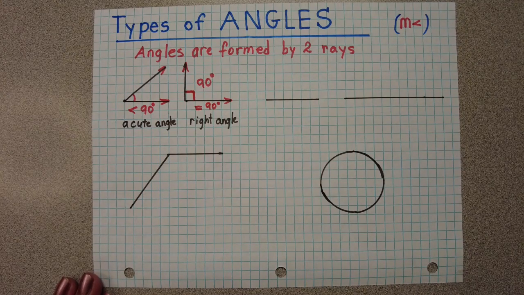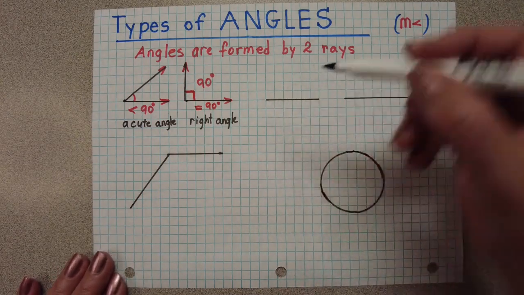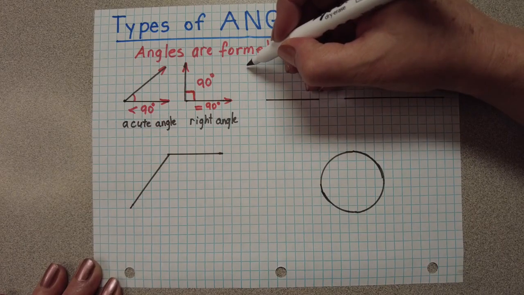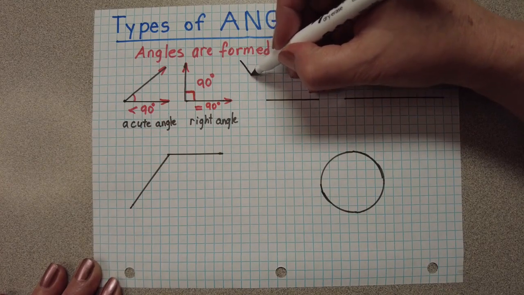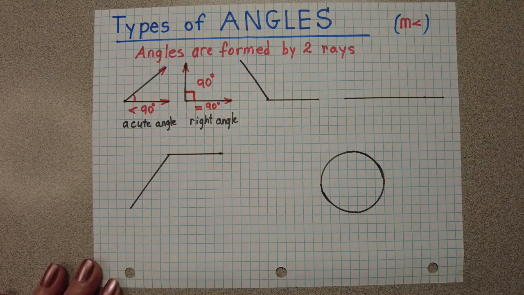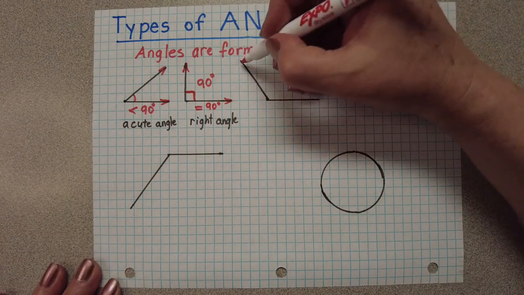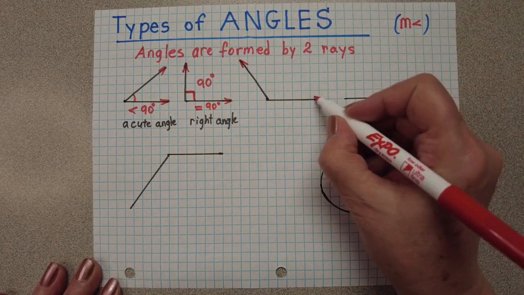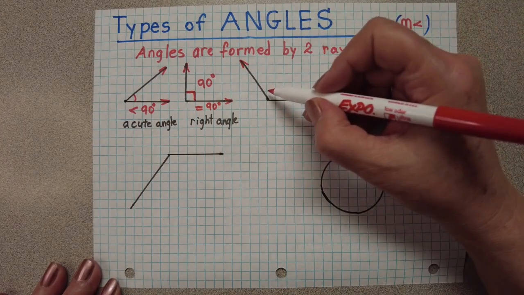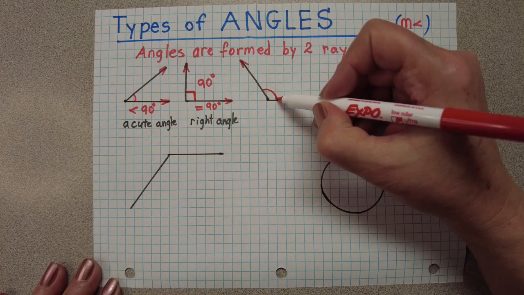Okay, next one, we're going to make this ray bigger than 90 degrees. The vertex is here, and this ray and the second ray make this angle together.